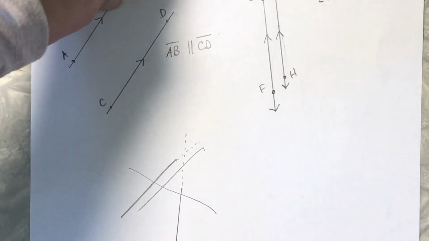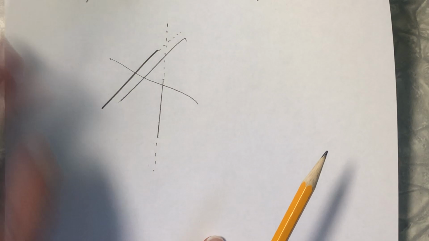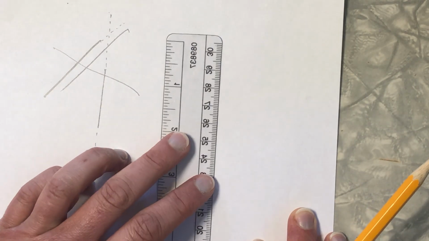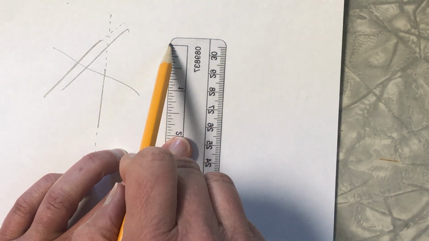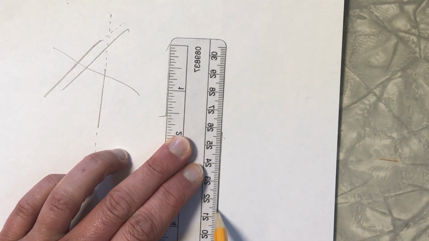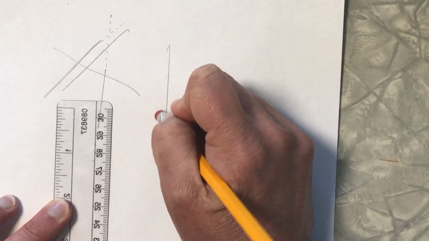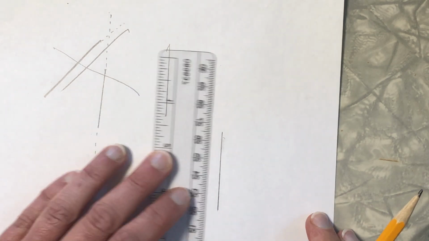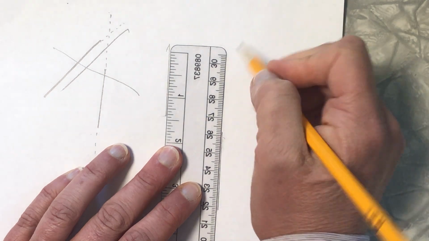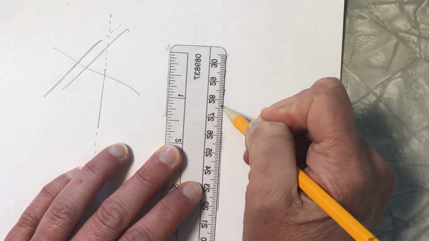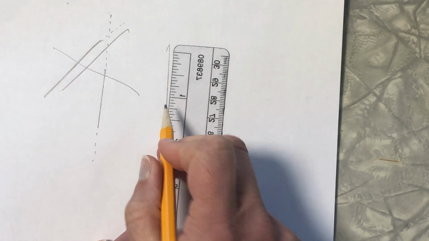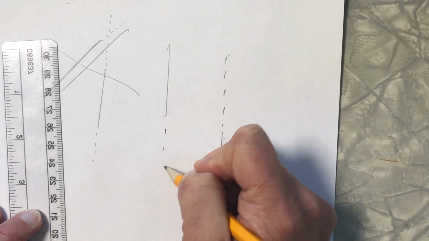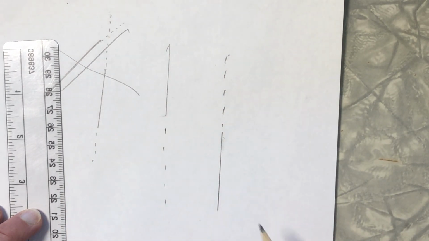Let me draw a couple more for you. I want you to tell me which one is parallel, which one is not parallel. I've got these two lines. Are they parallel? If you said yes, you are exactly right. Because if I continue these lines in my imagination, I can see that they are never going to intersect.